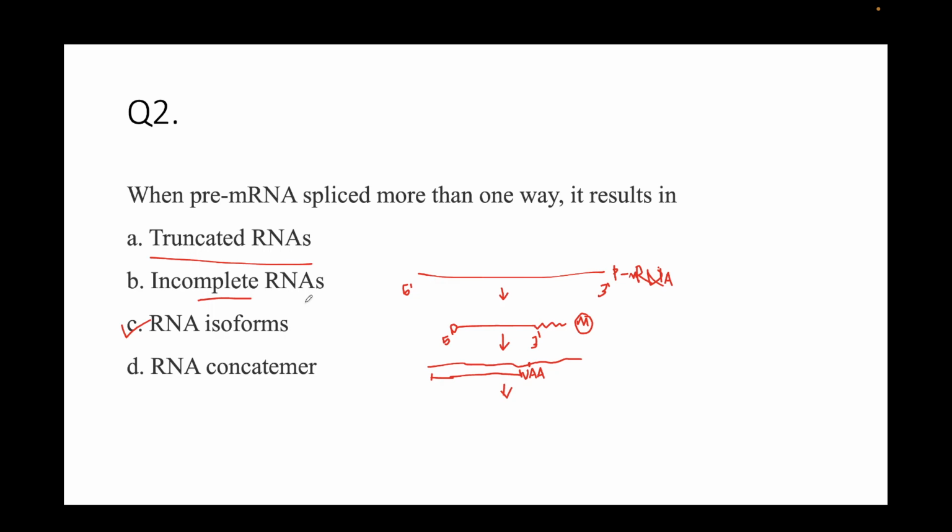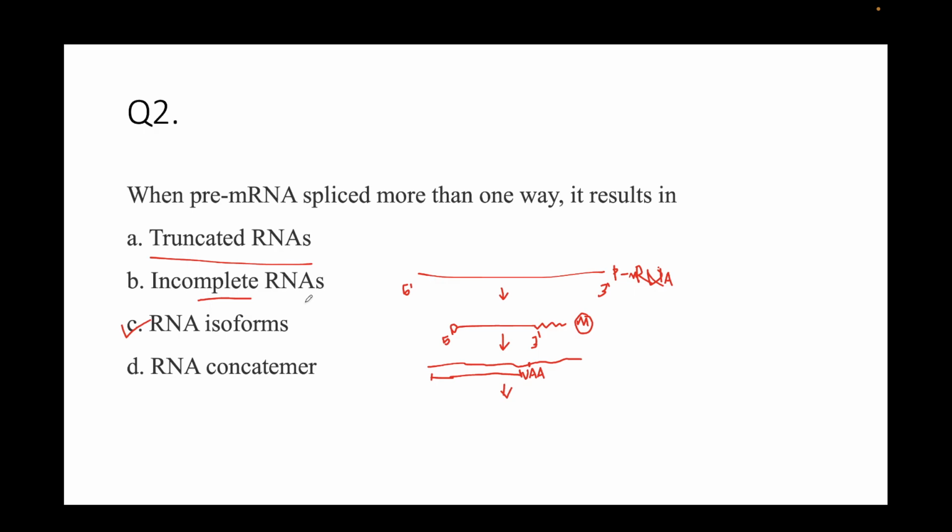For example, you are getting a sequence of UUU or a GC-rich sequence which will lead to production of a hairpin structure of RNA in the middle of the translation process, such that the translation process will not get completed. That will lead to incomplete RNAs.